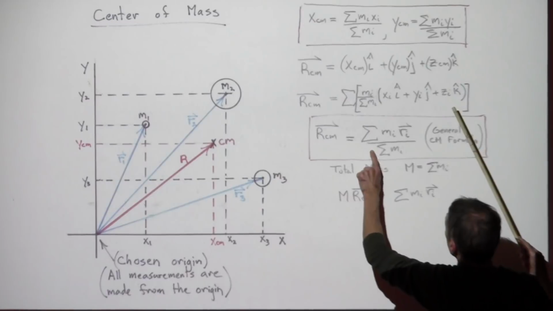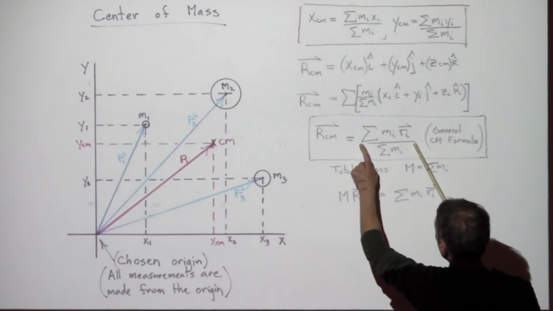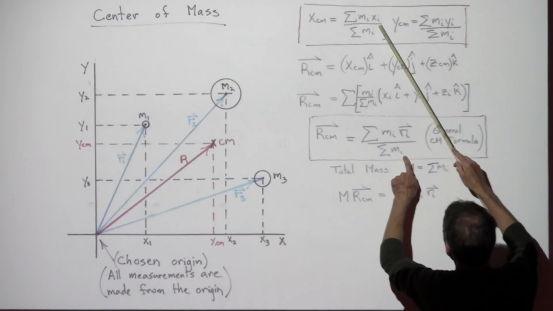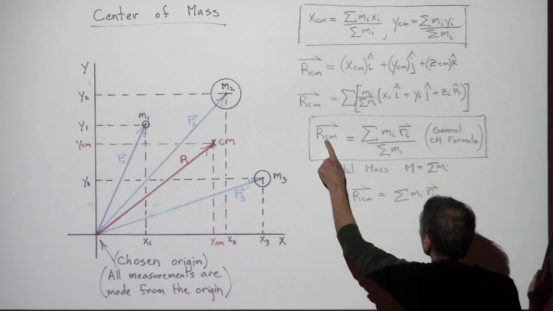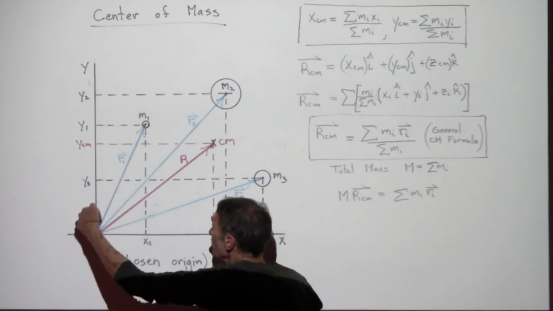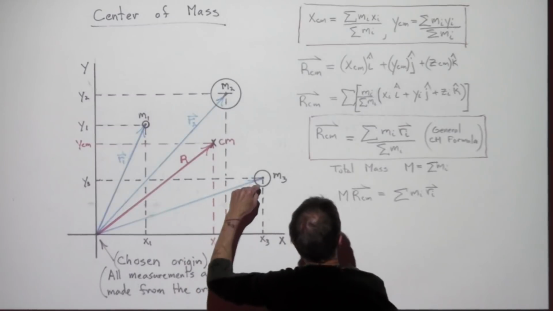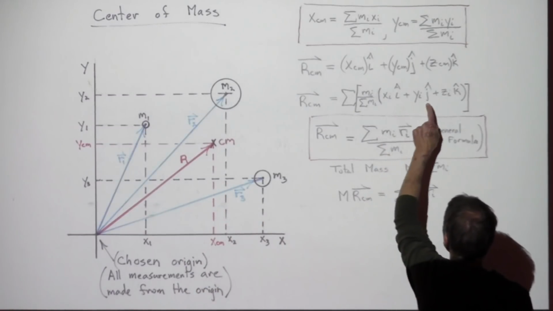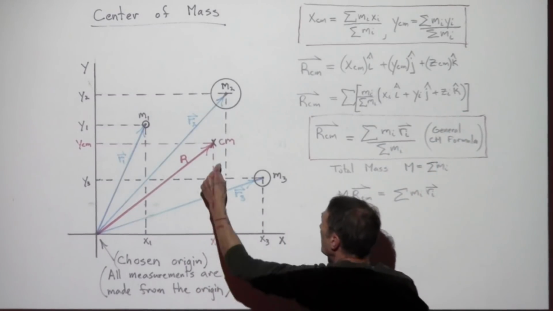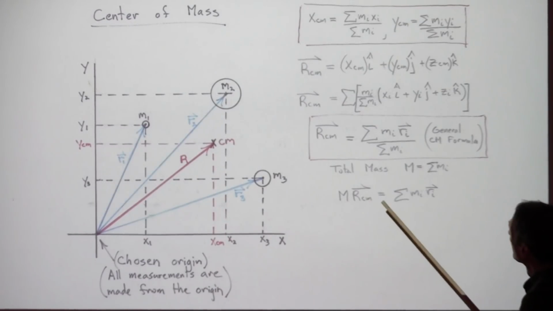Then we can express this whole thing. It looks a lot like these, except they're in terms of vectors. We can have this one's position vector, R1 up here, R2, R3. If we add those vectors, we'll come up with where the center of mass is. So this is the general form of this.